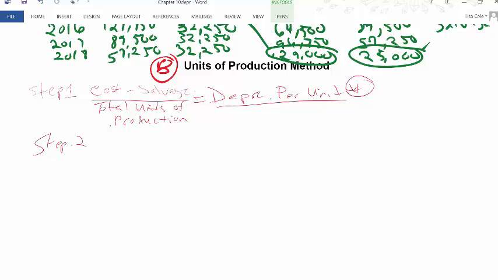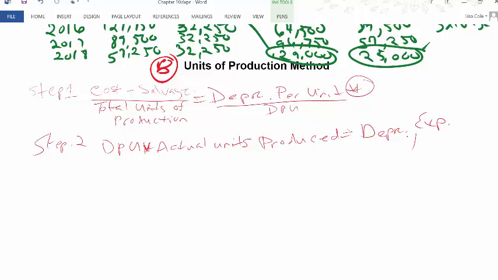Okay? And then step number 2 is then you take your depreciation per unit number, and then you're going to multiply that by the actual units produced. And then that will equal your depreciation expense per year.